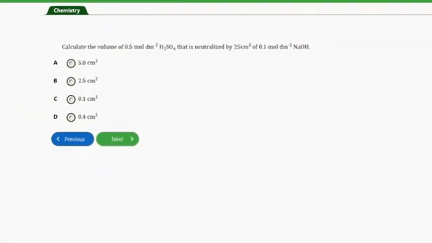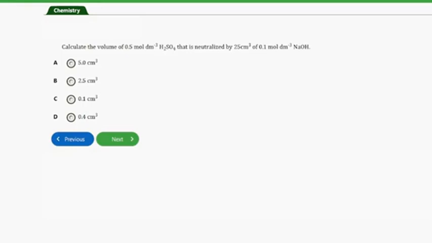Let's quickly go ahead and check out the next question, and that's question number 9. So guys, the question says calculate the volume of 0.05 moles per dm cube tetraoxosulphate(VI) acid that is neutralized by 25 cm cube of 0.1 moles per dm cube sodium hydroxide.